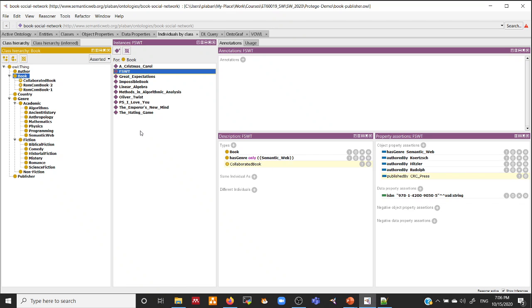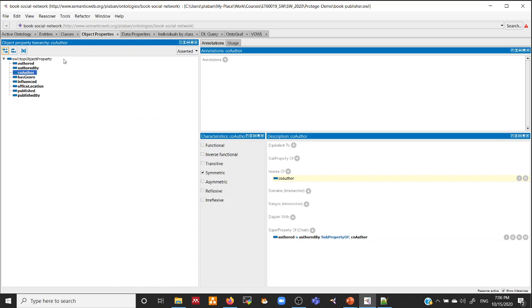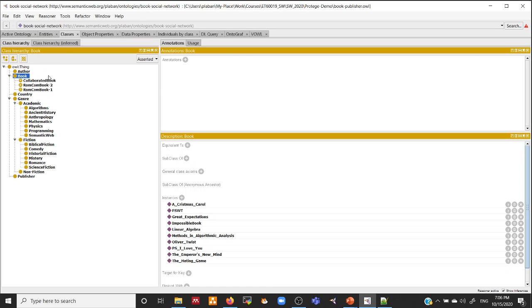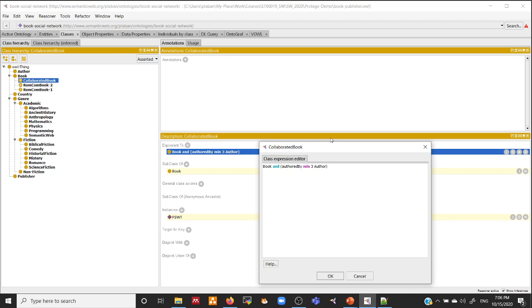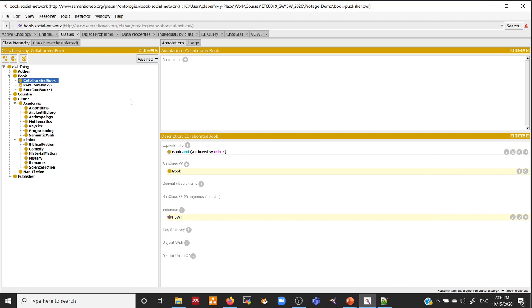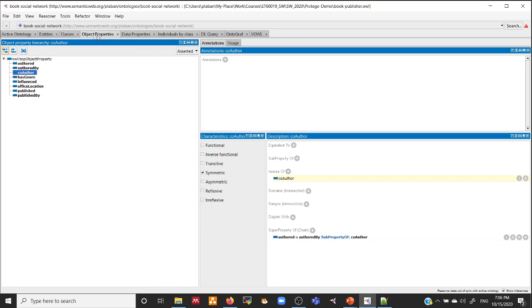Now let us try to demonstrate the case of collaborated book unqualified, right? What we'll be doing is changing this particular expression. In order to change it, you just need to click on this round button, remove this author part, and it becomes an unqualified definition, right? Now there is something else that needs to be done.